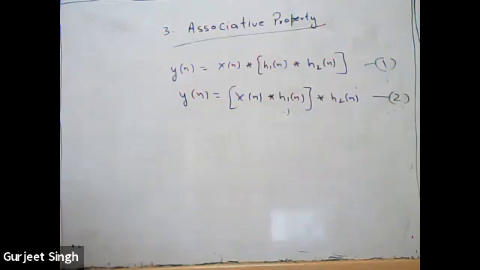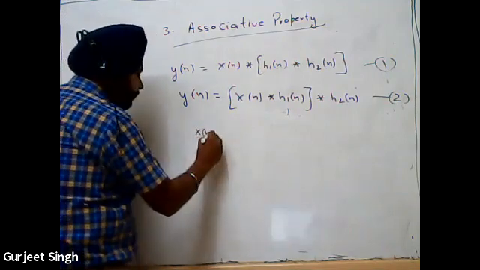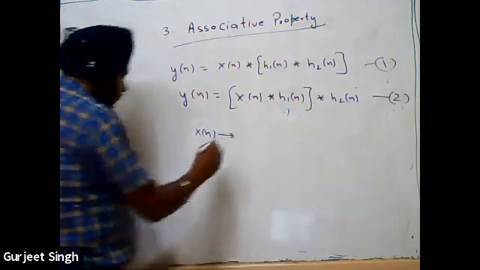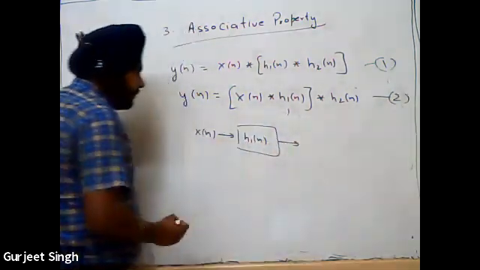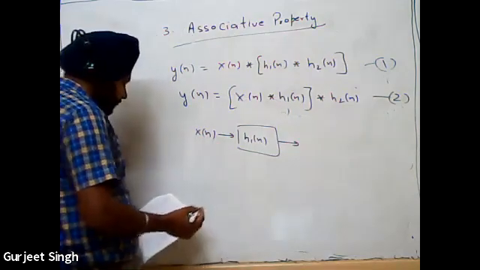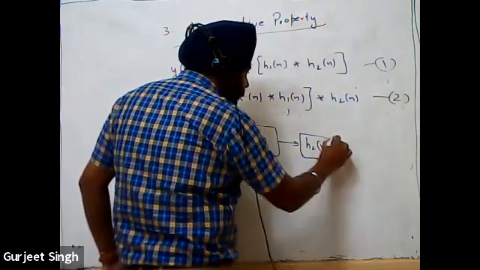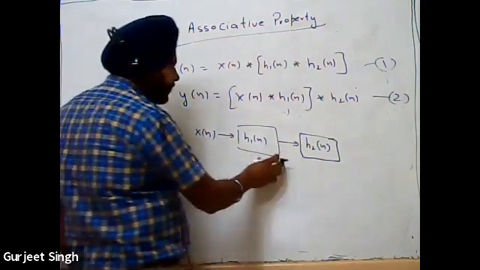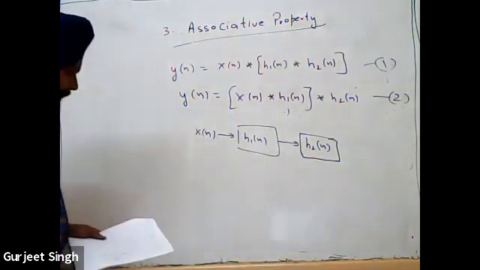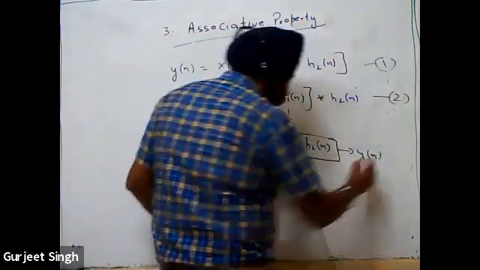So according to equation one, if we have an x[n] input, I give this input to the first system h1, and then its output is given to h2. This means that these two systems are in cascade. First the input is given to h1 and then to h2, and then we have a y[n] output.